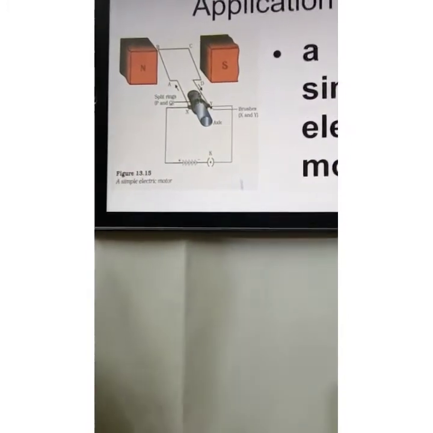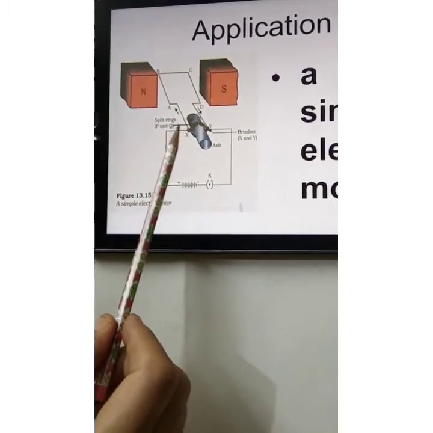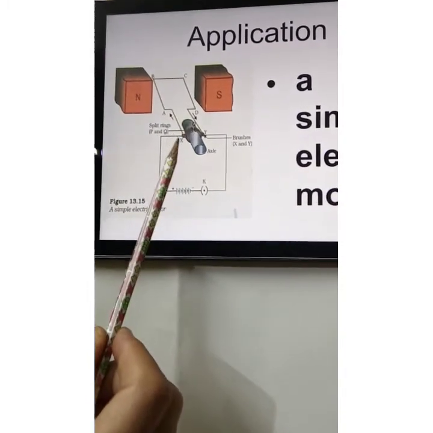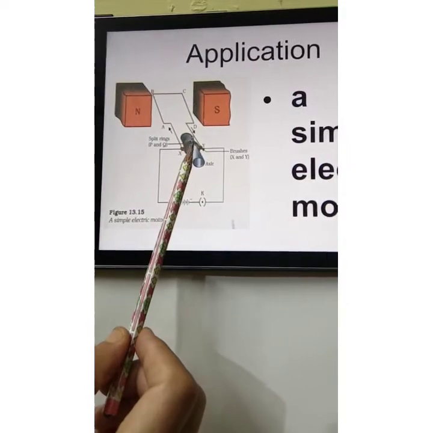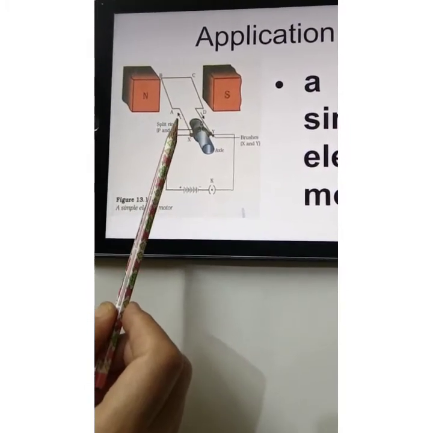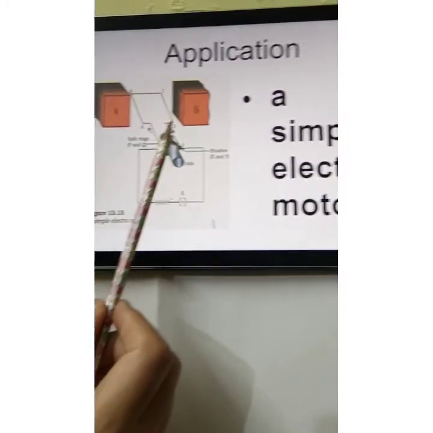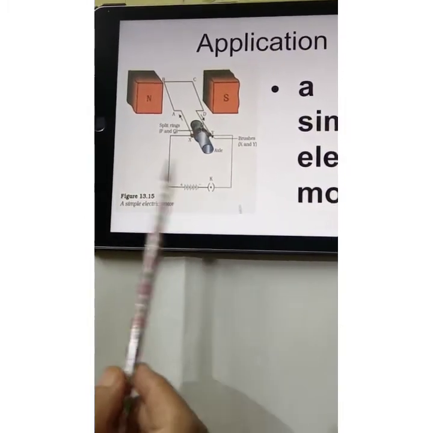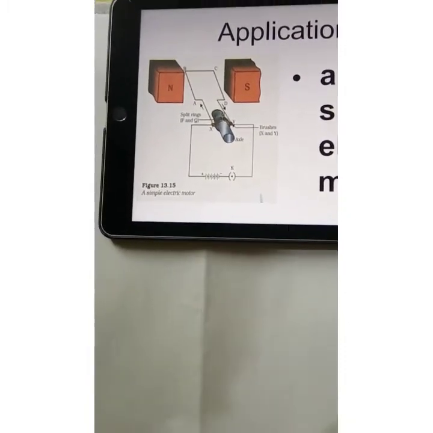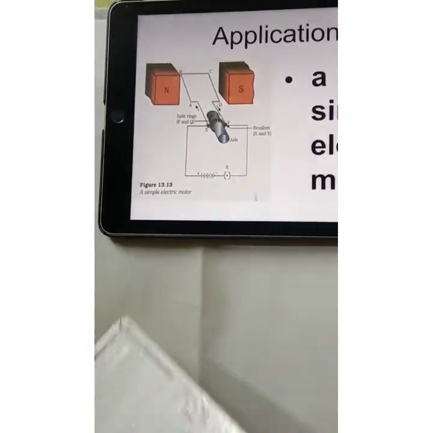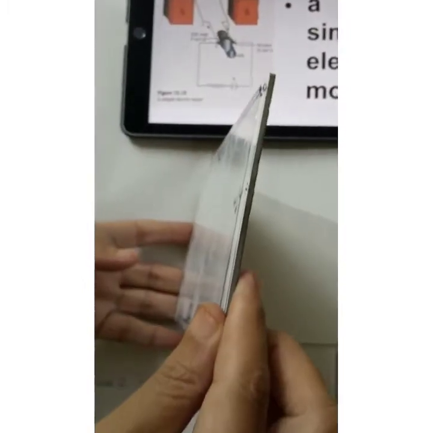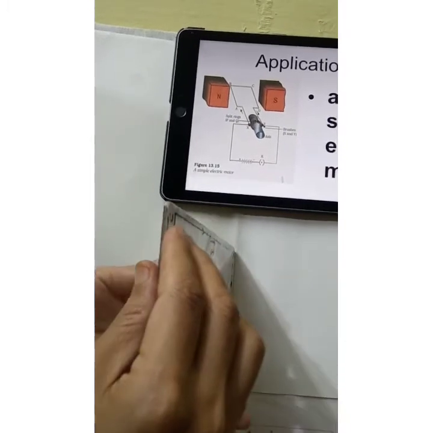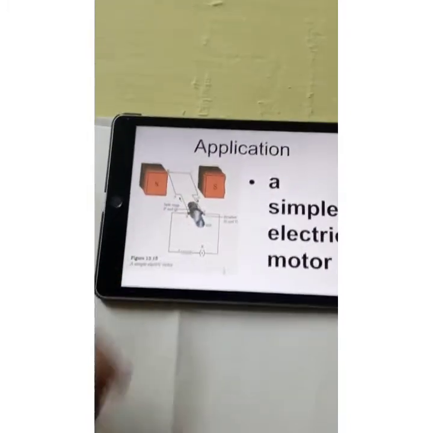When this coil becomes vertical, the split ring changes to the other brush, and the direction of current, which was from A to B, C to D, also changes. The coil changes its direction of current when it becomes vertical. So every half rotation, the coil changes its direction of current with the help of split ring.